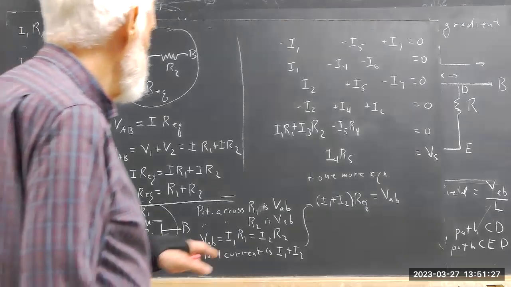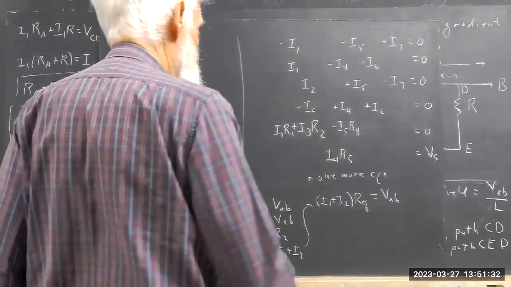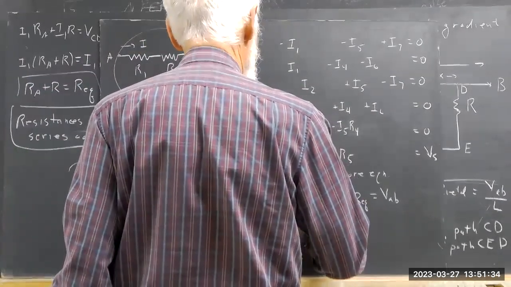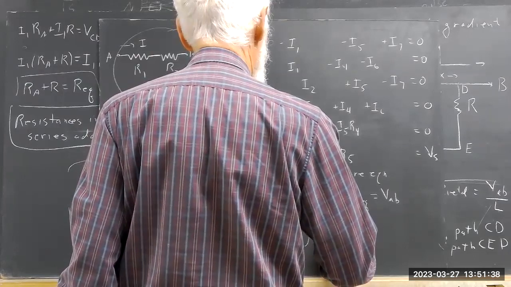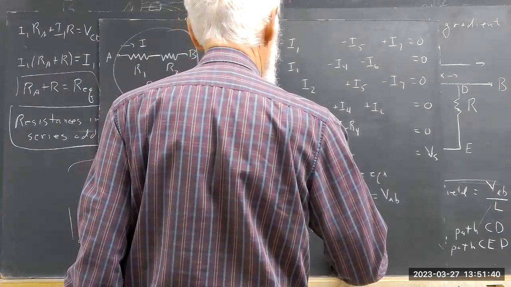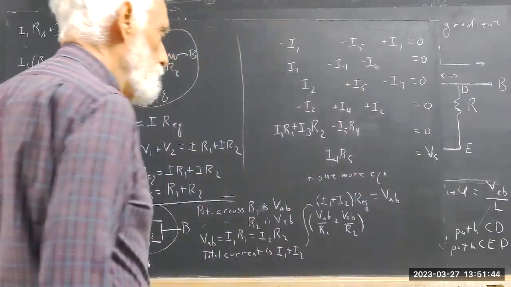Well, I1 is VAB over R1, and I2 is VAB over R2.